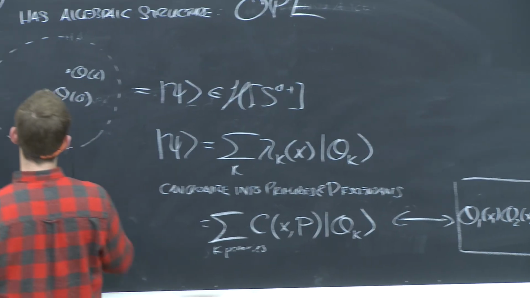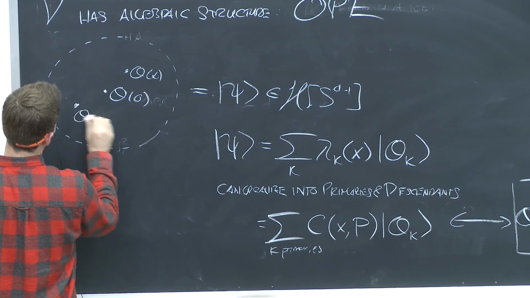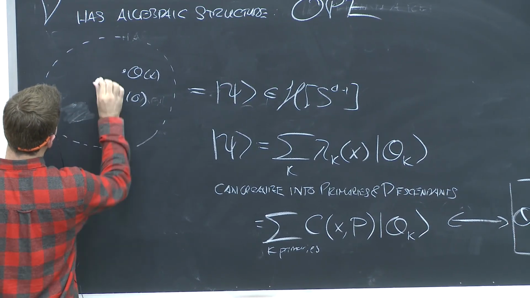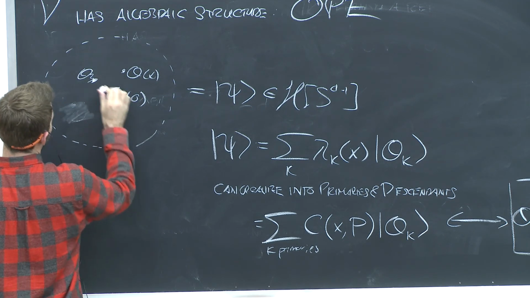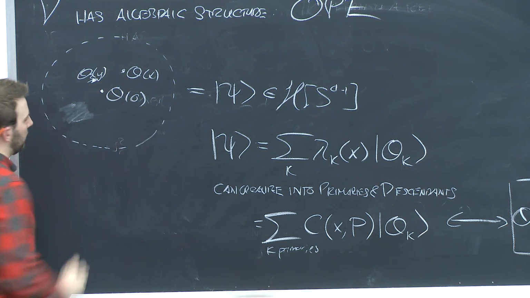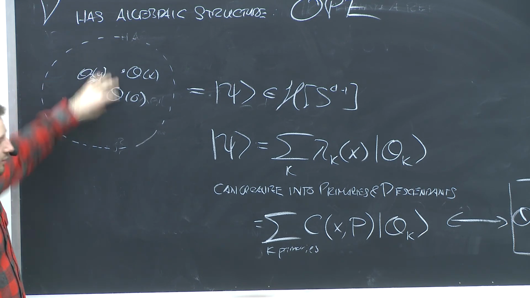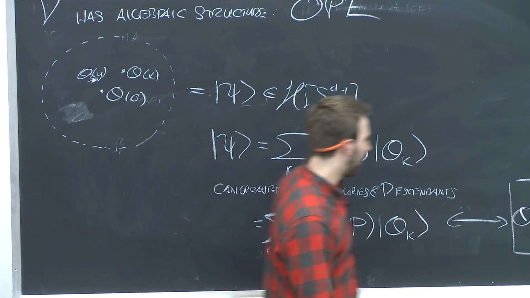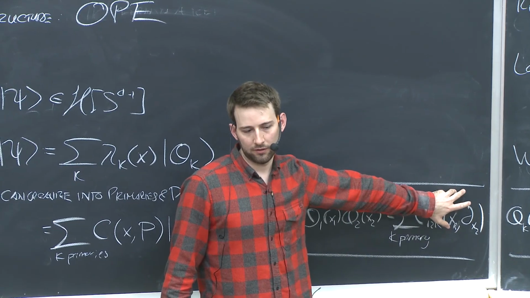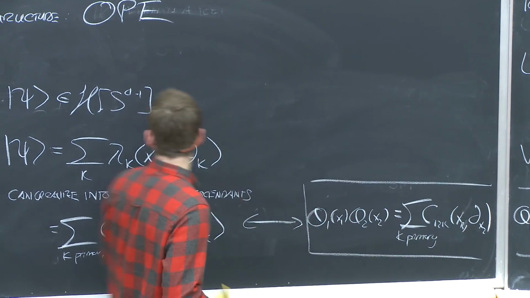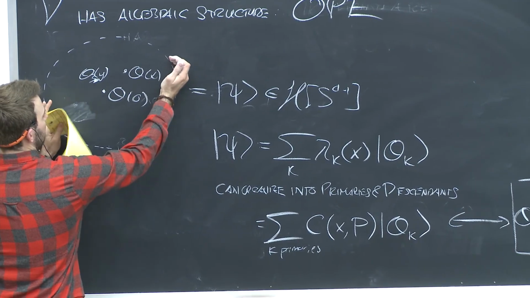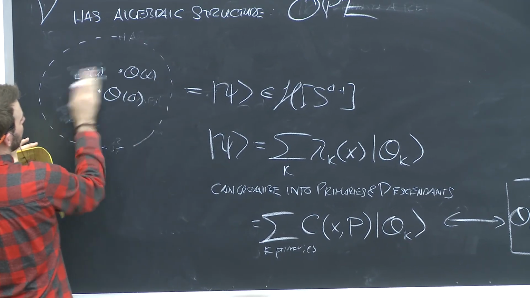So if I had another operator, let me make it even worse, if I had another operator inside the sphere, then this is illegal. This is not a meaningful expansion when I'm expanding in this Hilbert space, because I needed the state that just came from these guys.